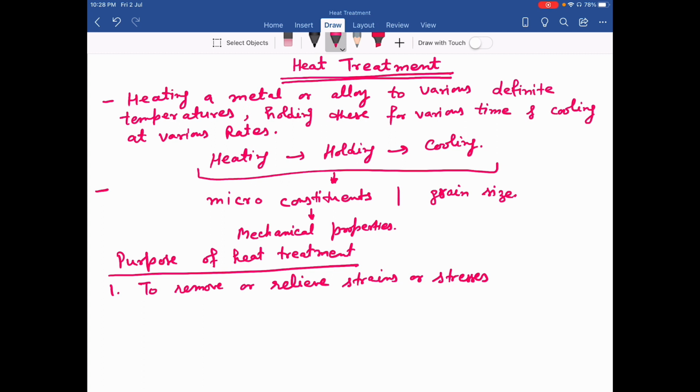Okay, so during welding, non-uniform cooling takes place. So at that time, there is induction of strains or stresses within the material. So to remove those strains or stresses induced, we can use the heat treatment process. Now, the name of heat treatment process that we use for removing these stresses or strains that we call as annealing.